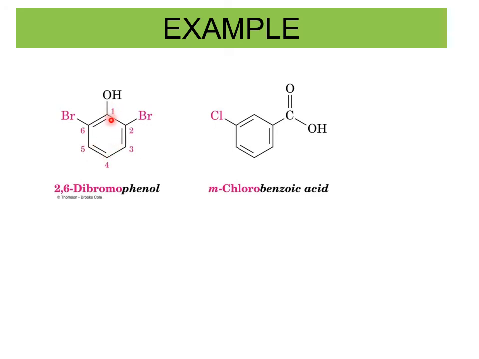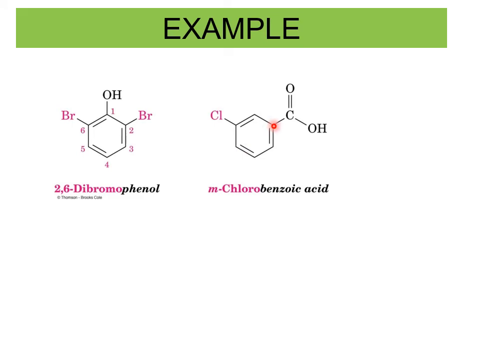So you give number 1 here, either clockwise or anti-clockwise. It doesn't matter as long as you get the smallest possible number here. So in this case, we have 2,6-dibromophenol.